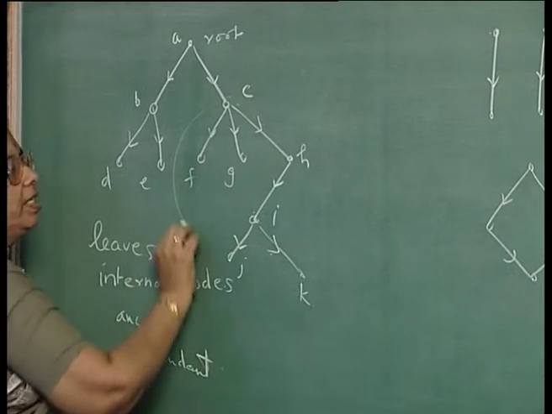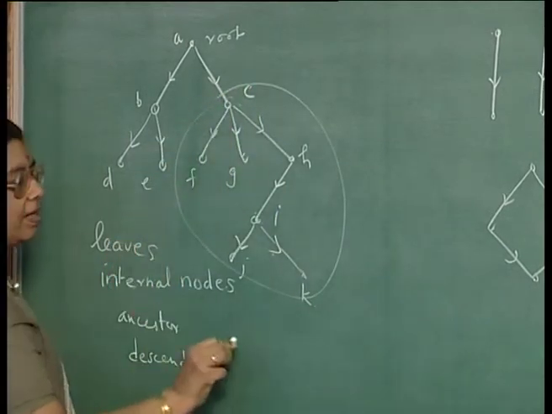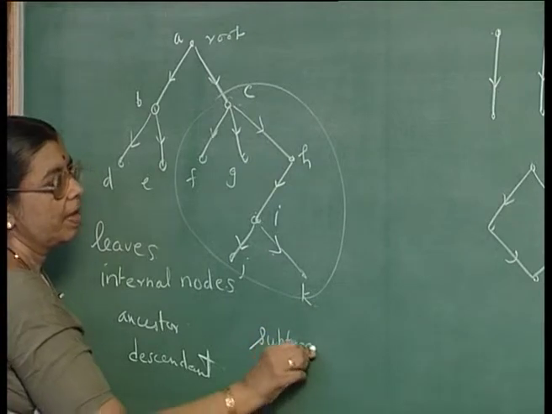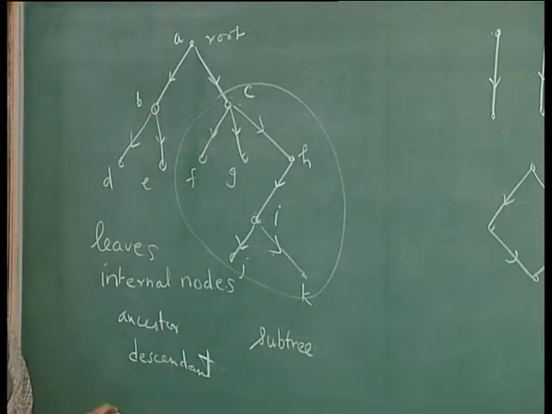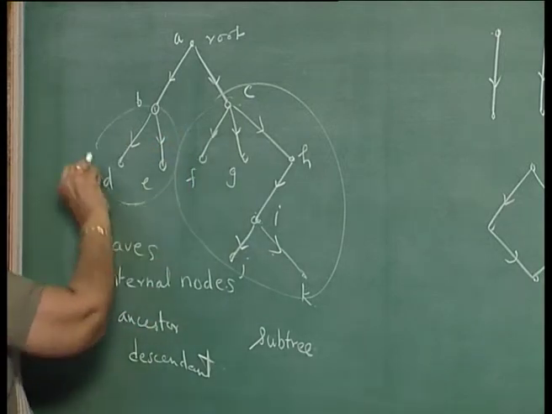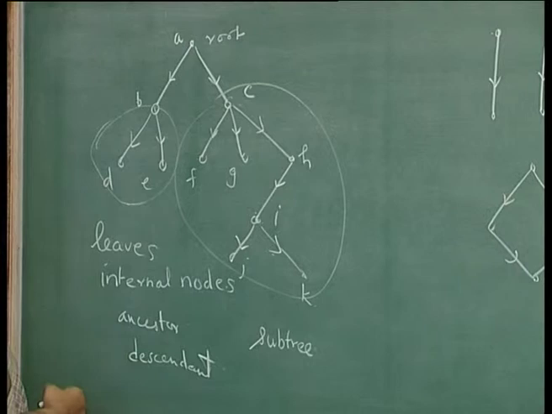And look at this portion, this is called a subtree, and the subtree has root at C. Similarly, if you take this, this is a subtree, and this subtree has a root at B.